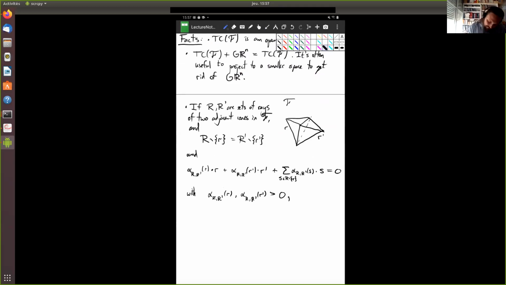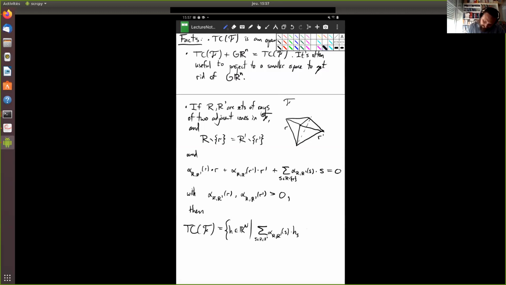In fact, the type cone of your fan is the set of all h's in R big N such that if you apply this linear dependency to the coefficients of h, you get 0.